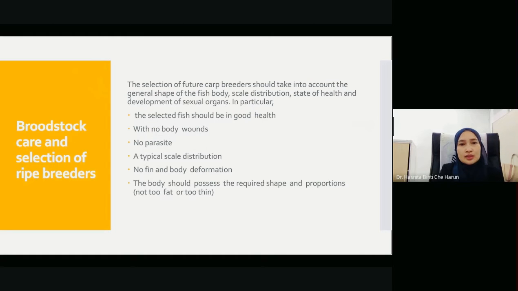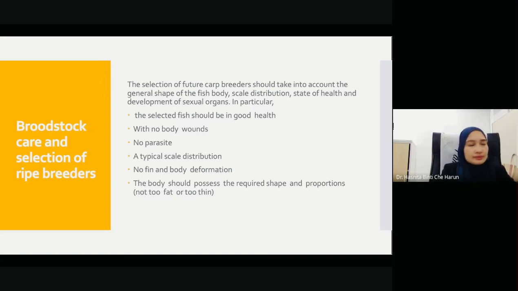Okay, so these are a list of the selection criteria. For example, the carp breeders. So we select based on the shape of the fish body, the scale distribution, state of the health, and also development of sexual organ.